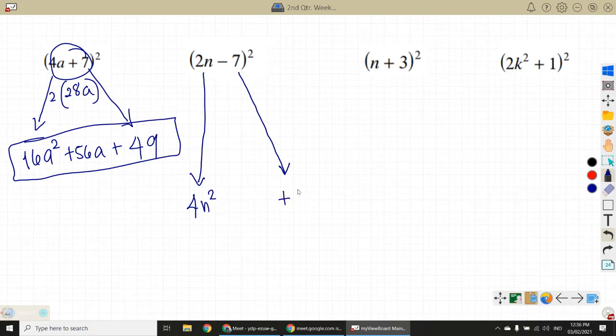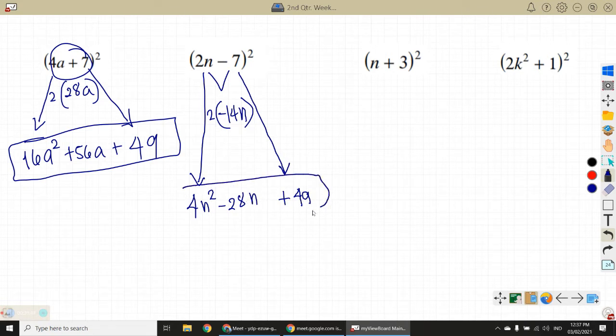Positive 49. Okay? The middle term, i-multiply lang yan. This becomes negative 14. And after mo i-multiply, i-multiply mo sa 2. 2 times 14 is 28. Negative ba? N ba N? Ayan, tama. So, this one is the final answer.